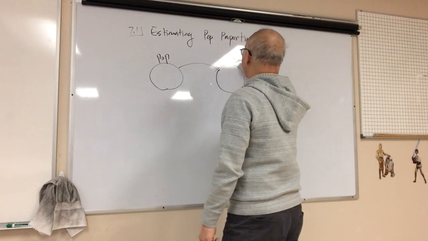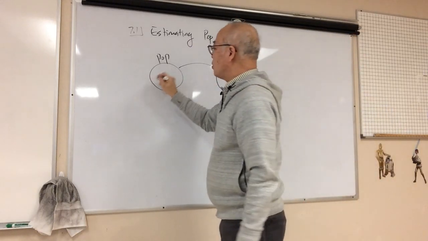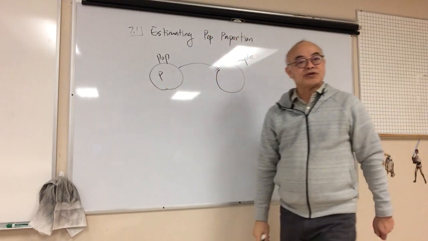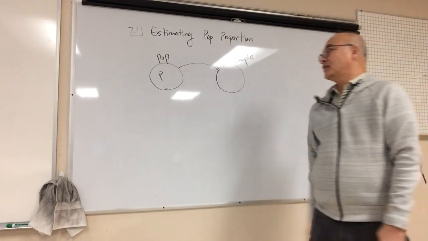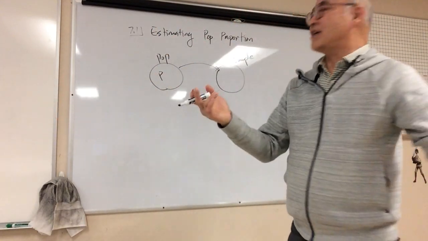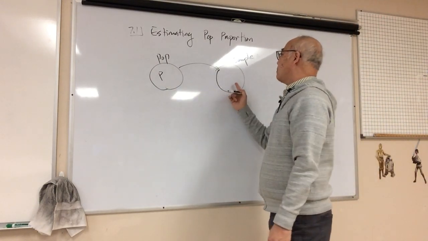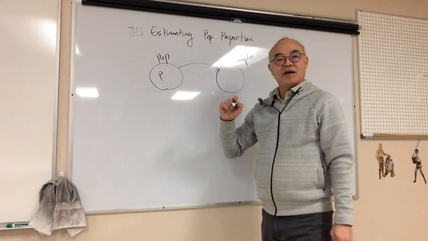So this is my sample. What do I have here? I have a proportion, correct? Some sort of proportion. Color of hair, or color of eyes, or whatever, right? Certain proportion, right?